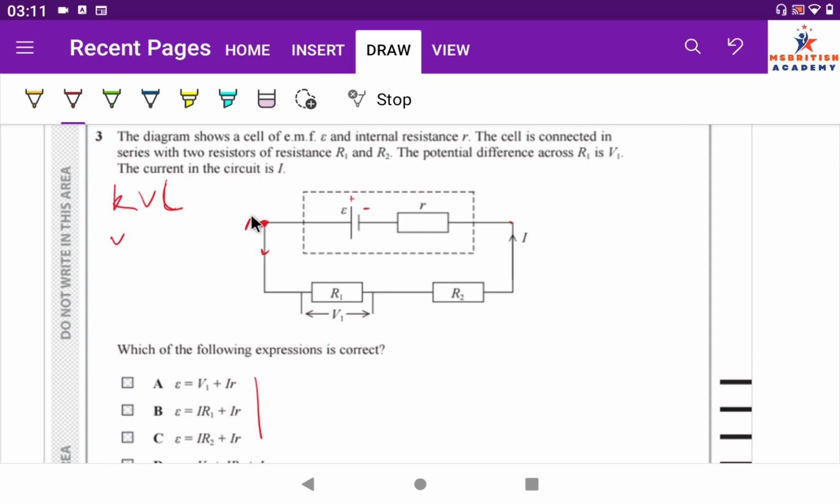If we write this point as A, so voltage of A, this is minus of I R1, this is minus of I R2, this is the minus of I R, this is the gain of epsilon, and it is equal to VA.